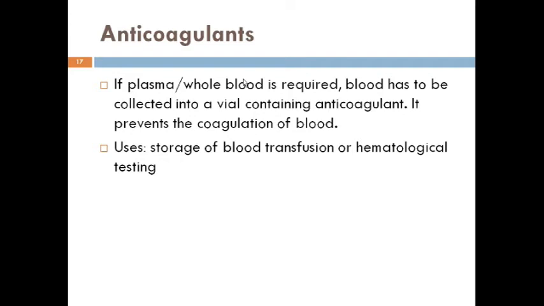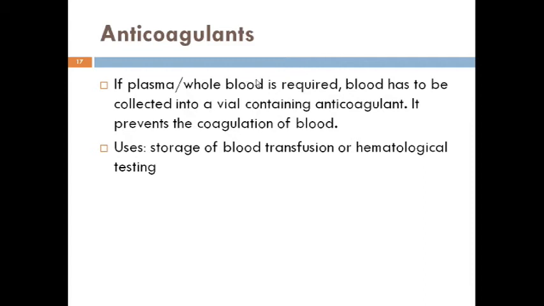Anticoagulants. What are anticoagulants? The substances that prevent the coagulation or clotting of the blood are called anticoagulants. If plasma or whole blood is required, the blood has to be collected into a vial containing anticoagulant.